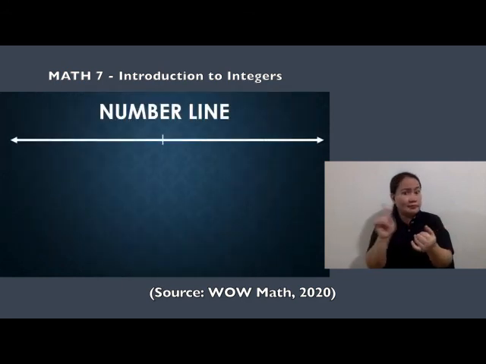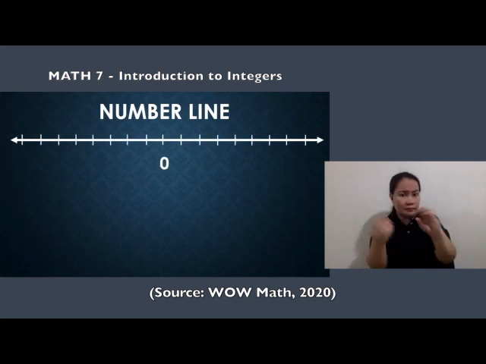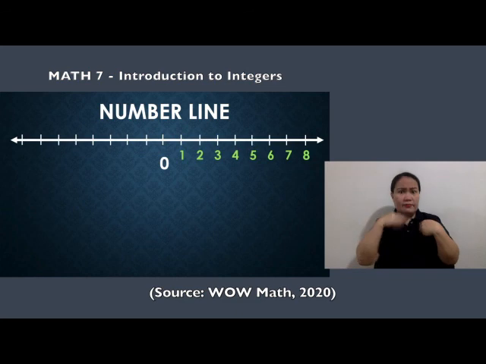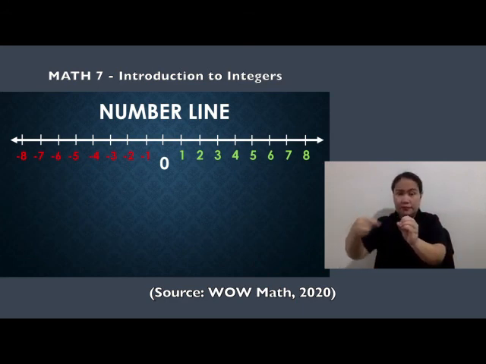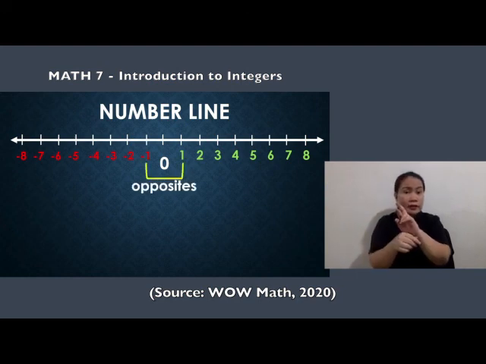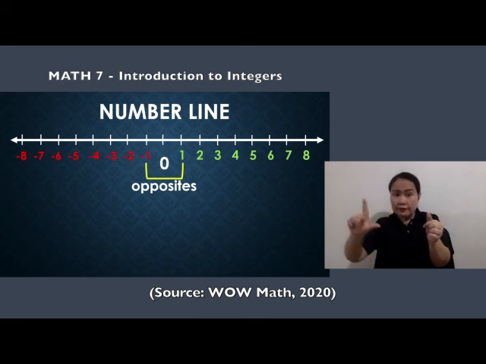Now, what is a number line? So, a number line has 0, positive numbers, and negative numbers. Okay. So, ang number line ay binubuo ng 0, positive numbers, and negative numbers. Now, etong negative 1 at 1, ito yung tinatawag nating opposite.